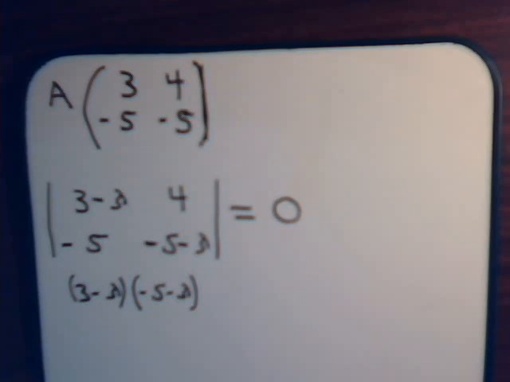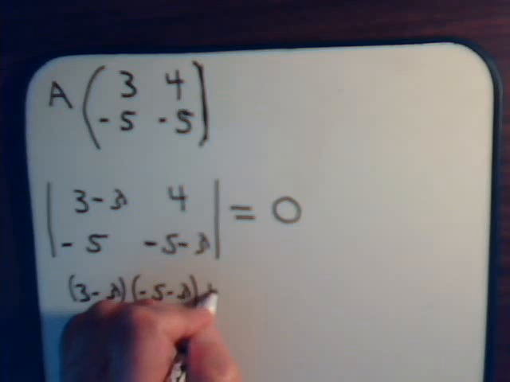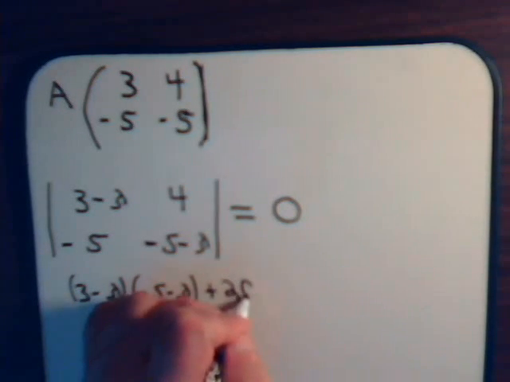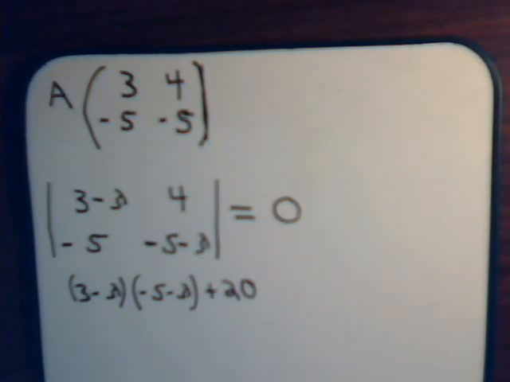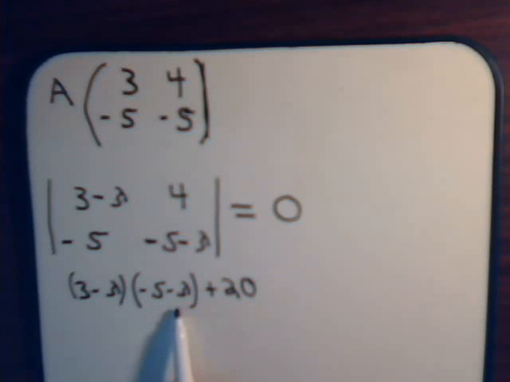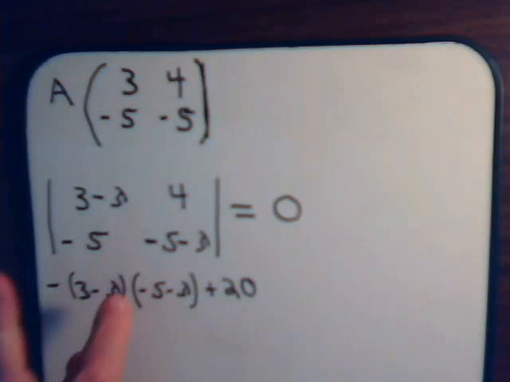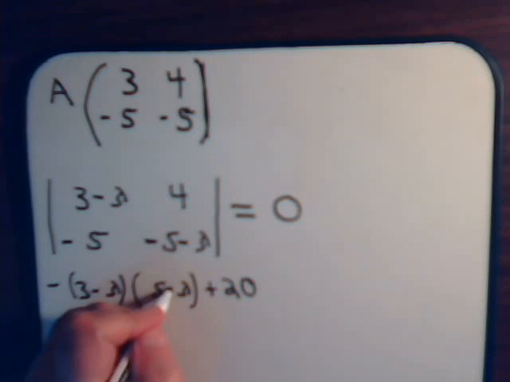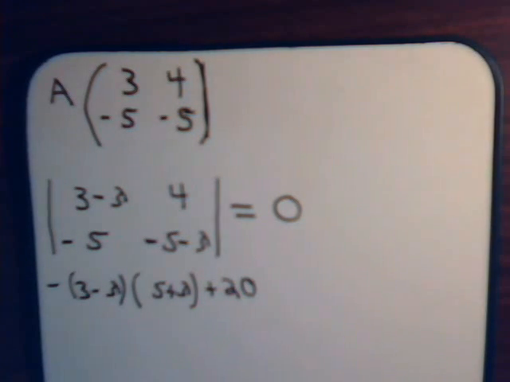This times this minus negative 20. Minus negative 20 is plus 20. We have minus 5 minus lambda. Let's factor out a negative 1. And then this will be positive, plus 5 plus lambda. So we'll multiply these two expressions, remembering that we have a minus sign out here.